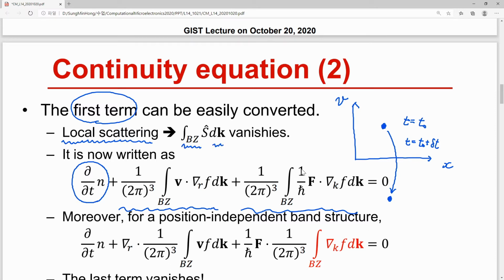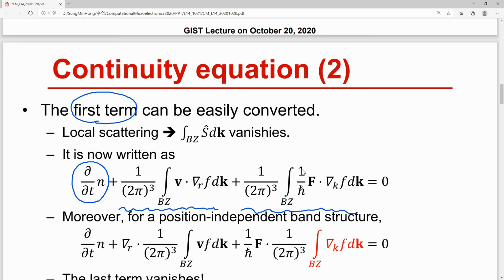However, since we are now talking about integration over the momentum space, such a transition from one velocity to another does not make any contribution to this integral. So, simply speaking, although scattering itself can be quite complicated, when we integrate it over the entire momentum space, it should vanish. So here we now have just 0.